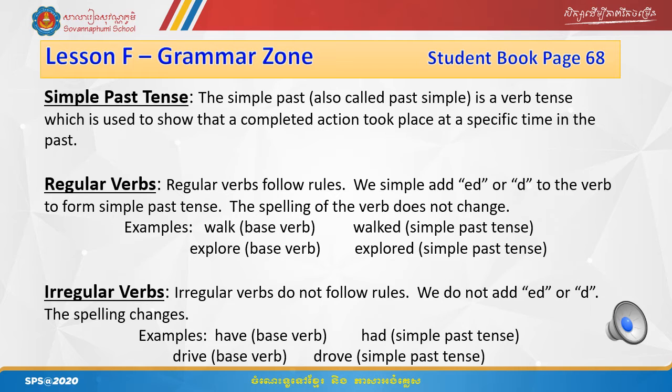The spelling changes. Examples: have, base verb, had, simple past tense. Drive, base verb, drove, simple past tense. We just have to memorize these irregular verbs. And with practice, they become second nature to us. Okay, let's move on.